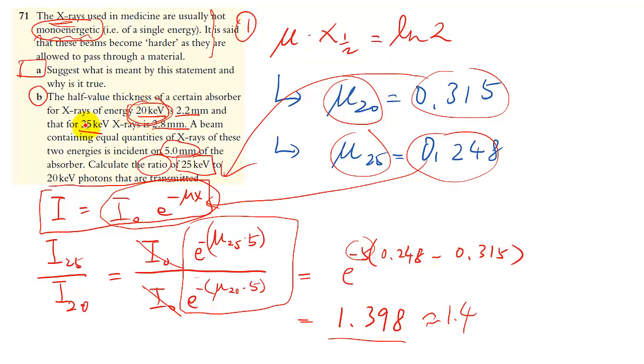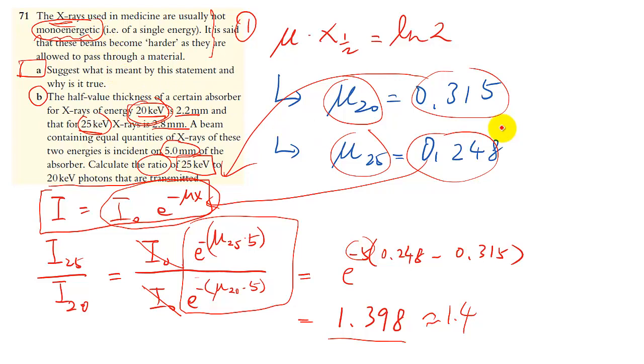But what I could say about it is, when you try to mix two different energies, like here 20 and 25 keV, and you apply it to something you want to test, to see how thick it is, mixing two energies would help you to see a more distinguished result.